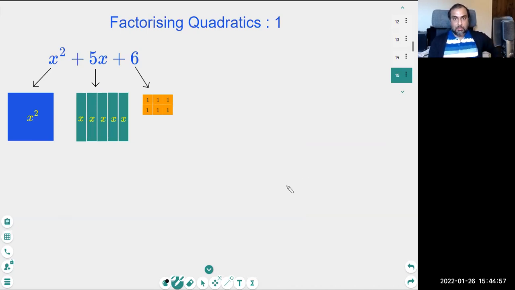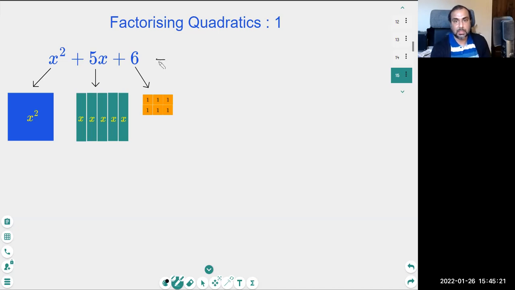We're on to some GCSE A-level maths for factorizing quadratics. The word quad in Latin means four-sided shape, so here they are literally quads now. We've got one blue tile, 5 green ones and 6 yellow ones. So what does factorizing mean?